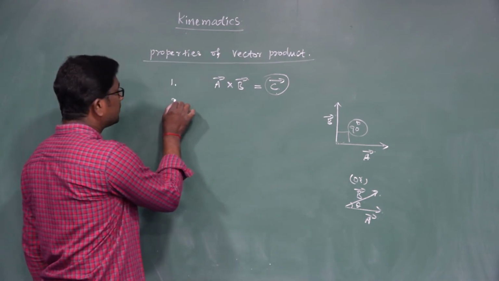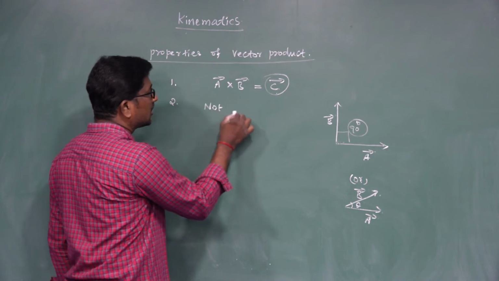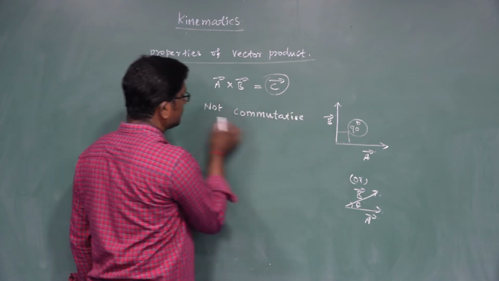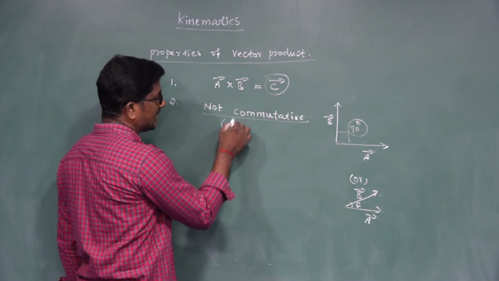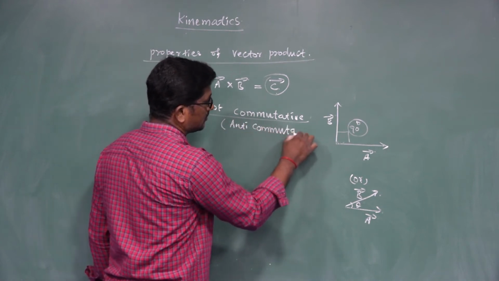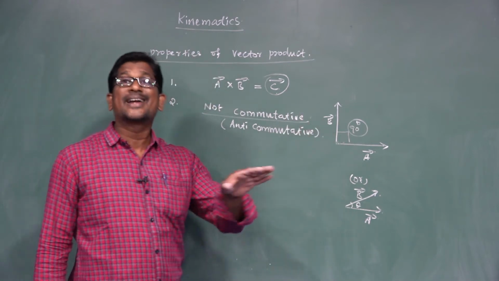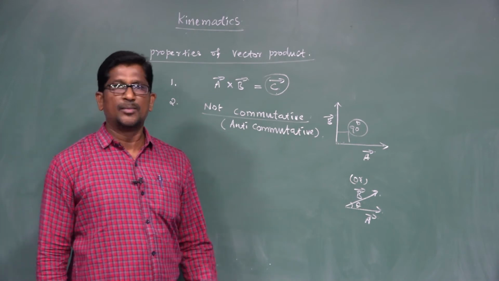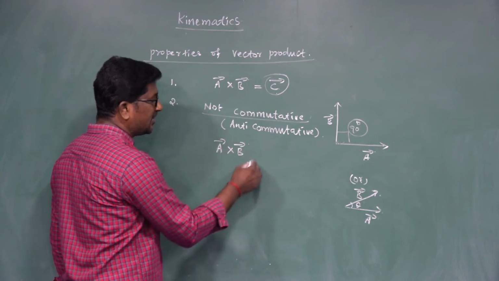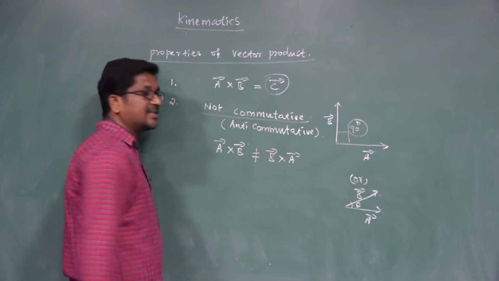And the second property: the vector product of two vectors is not commutative. It is anti-commutative. It means A vector cross B vector is not equal to B vector cross A vector.